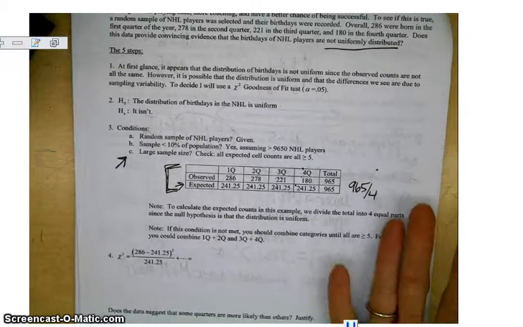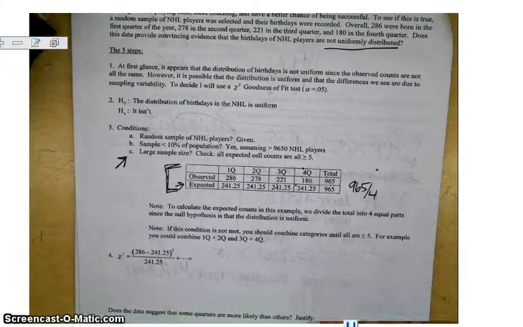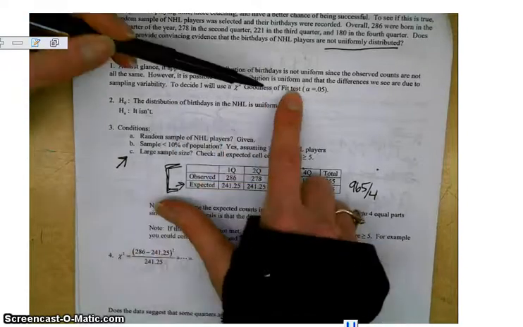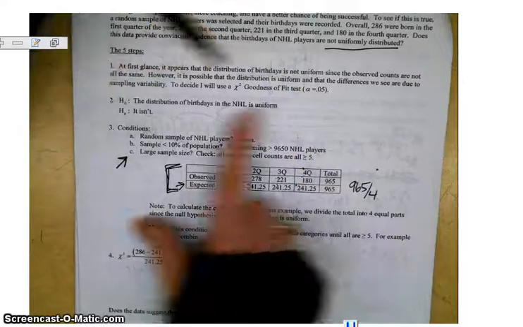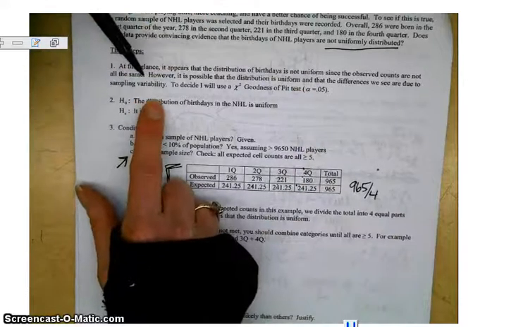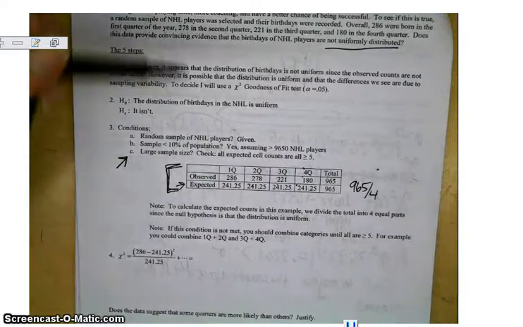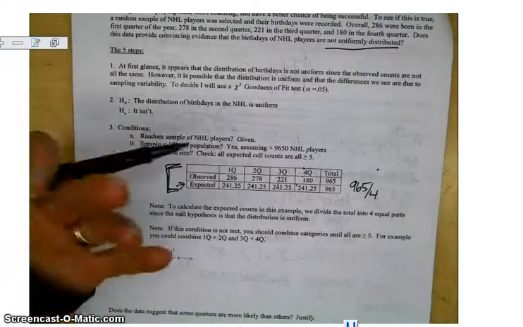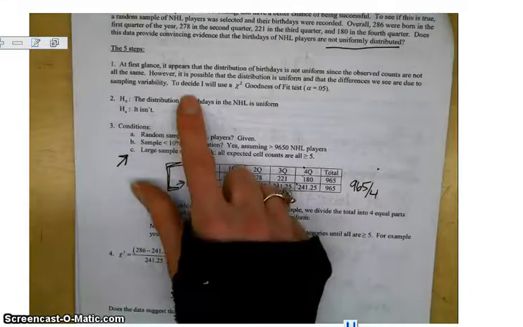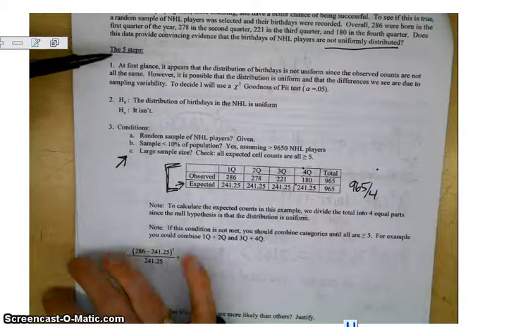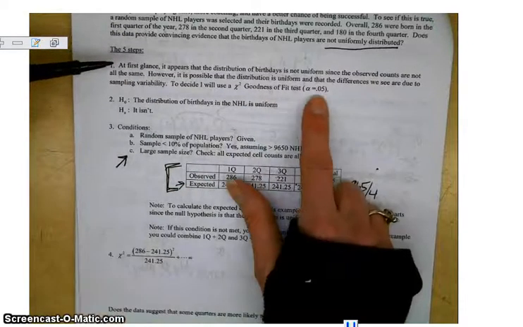Now, in the M&M example, our observed counts didn't match the expected counts because there were different percentages. Here, it is possible that the distribution is uniform and the differences we see were due to sampling variability. This is very similar to any other test we've done. We have different calculations and a name of the test. So to decide this, I will use a chi-square goodness of fit test, and you pick an alpha level.